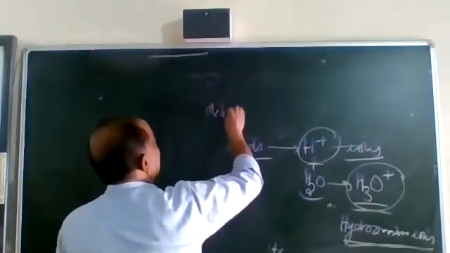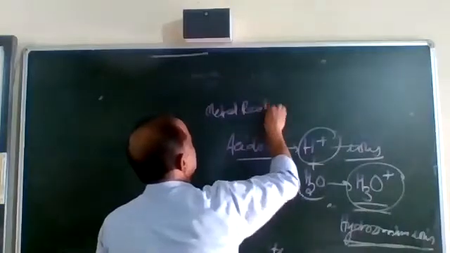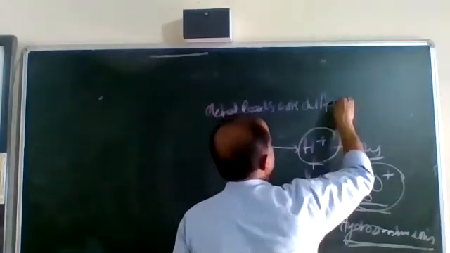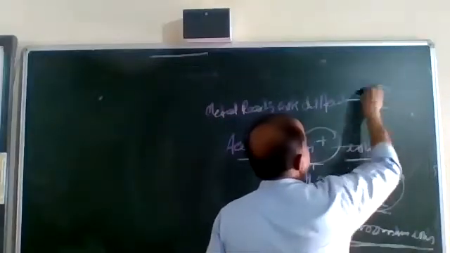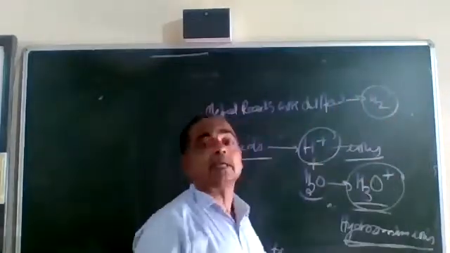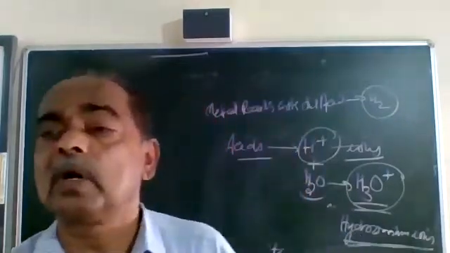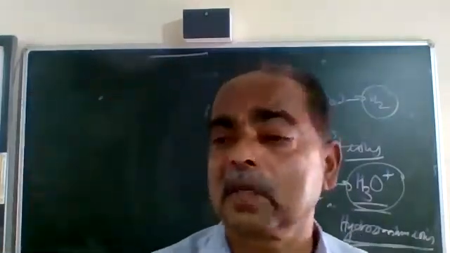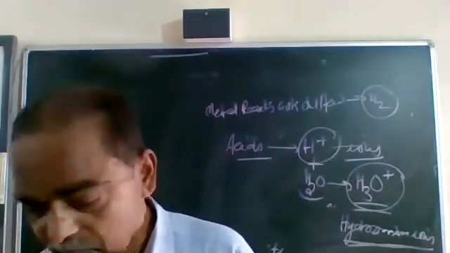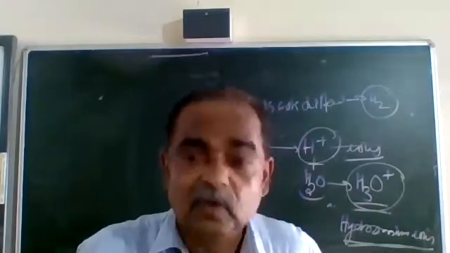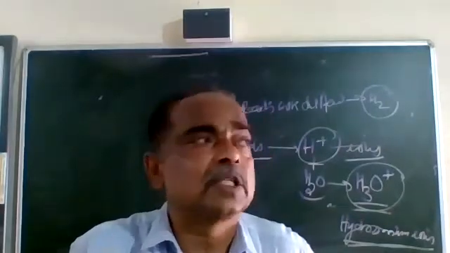The next one we have studied earlier. When a metal reacts with diluted acid, and hydrogen gas is released, then it is an acid. So how do we say it?